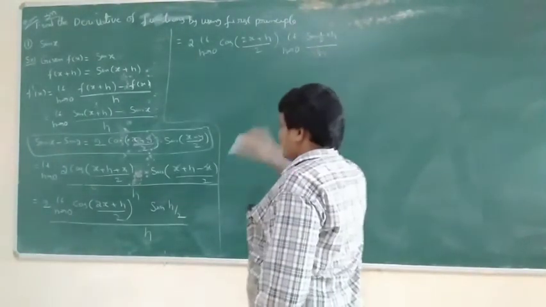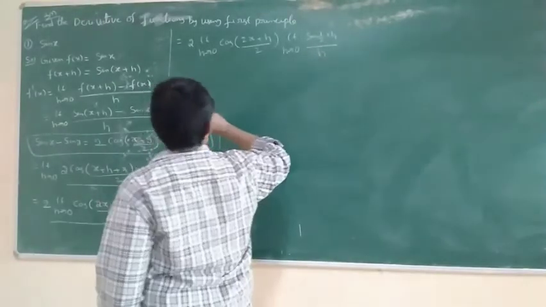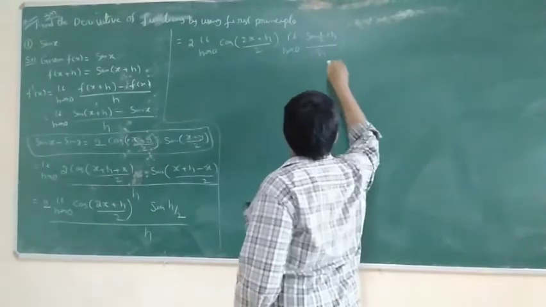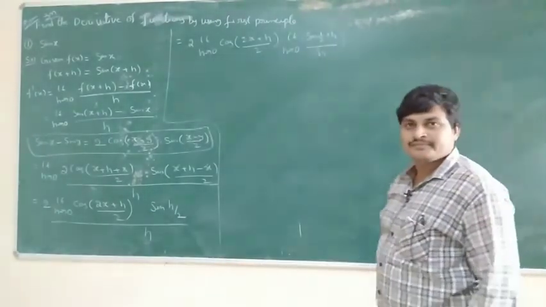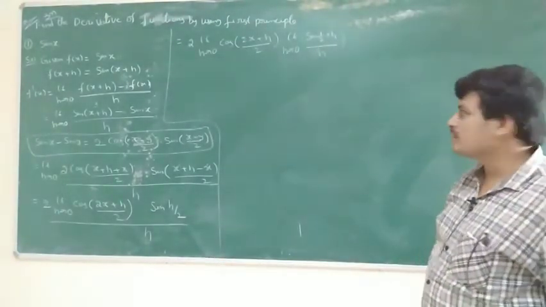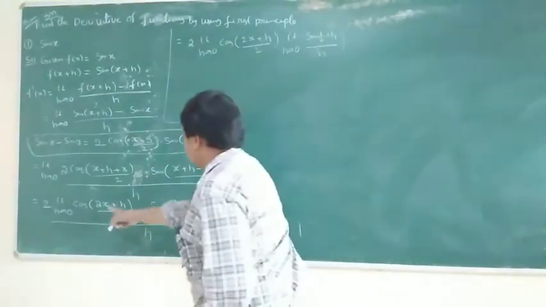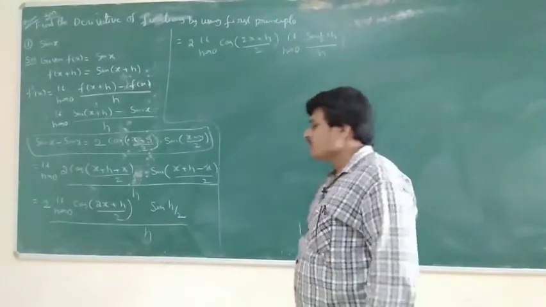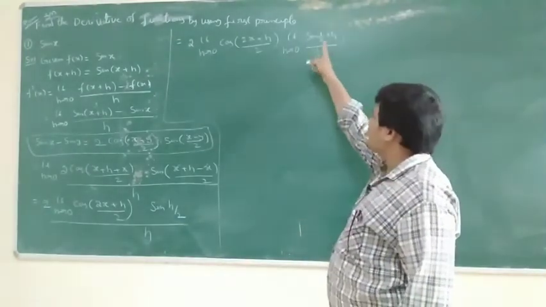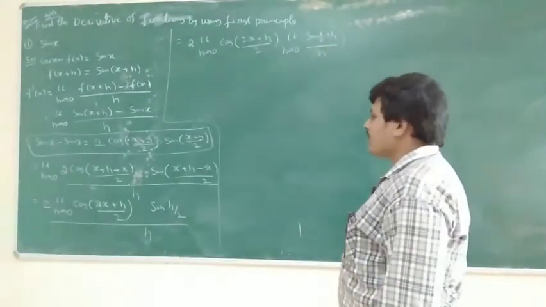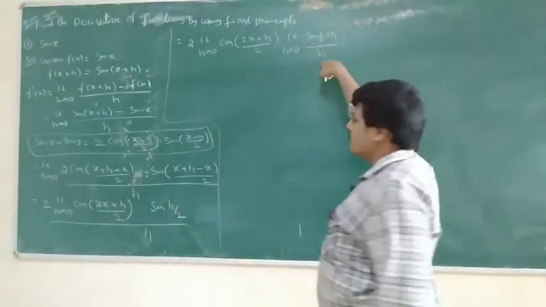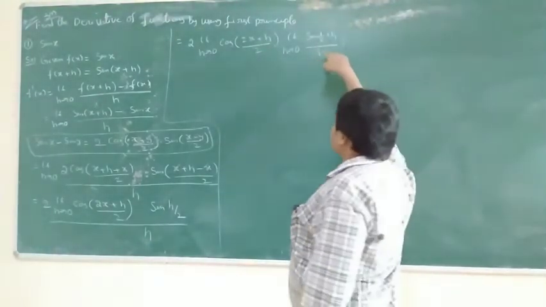The h is only under the sine, not under the cos. Only the h value is under the sine function. Why?